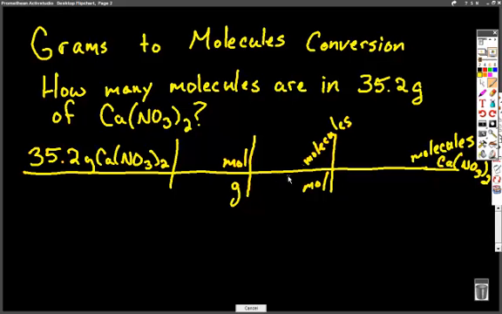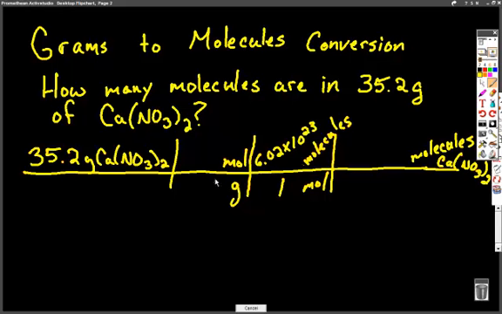This is a conversion factor we can write in right now, because it's one you should really get to know very soon. It's the idea that 1 mole, remember, mole is just a count, is 6.02 times 10 to the 23rd molecules.